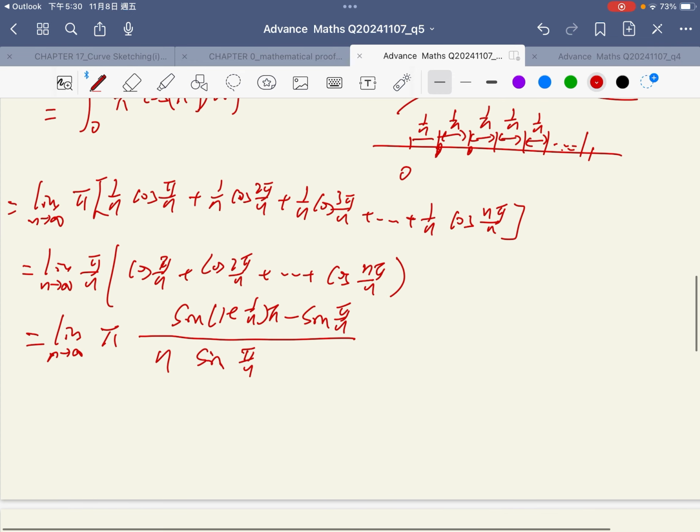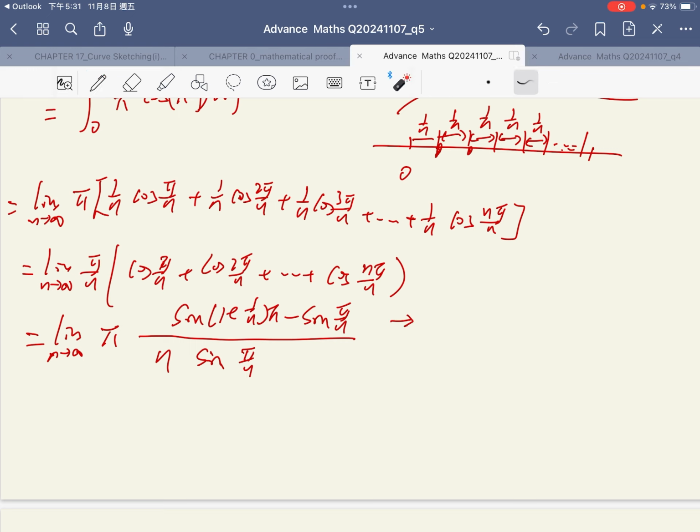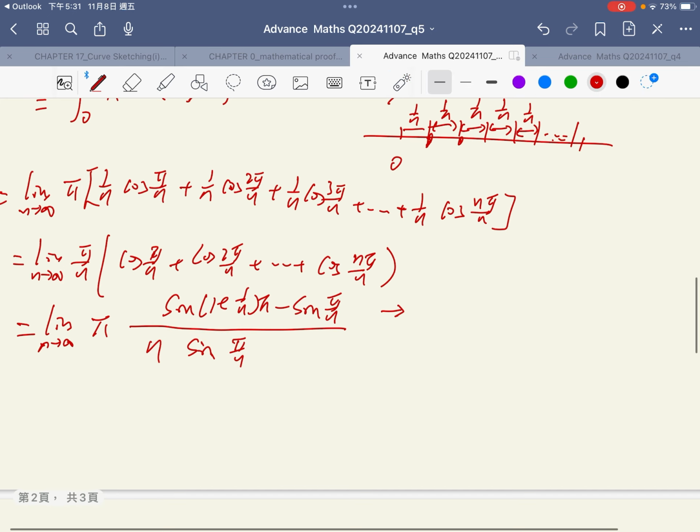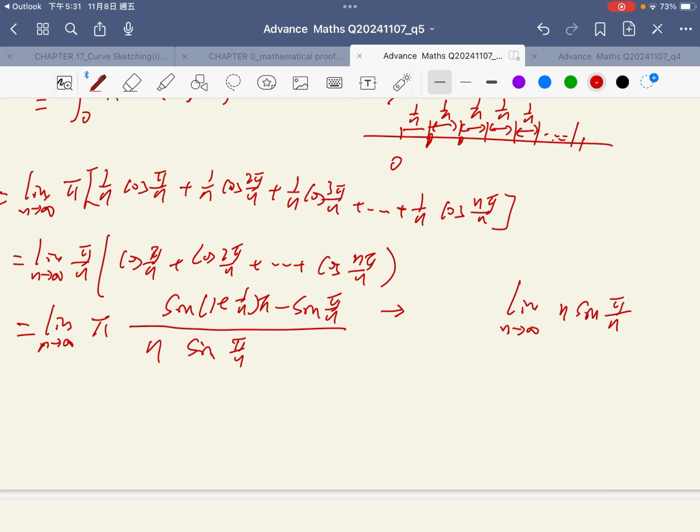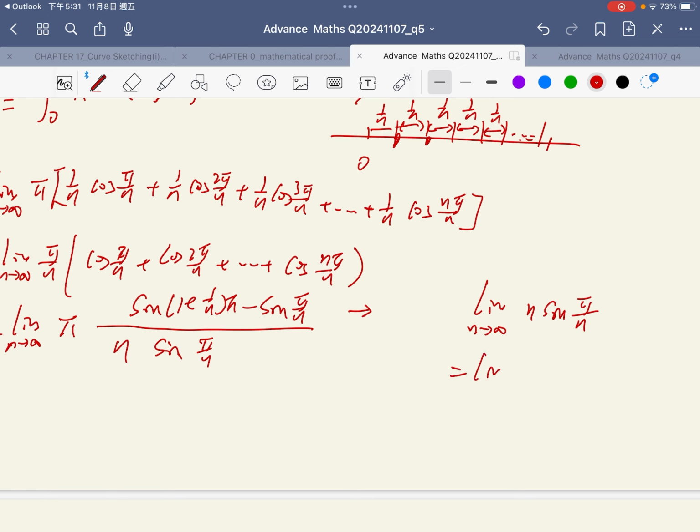We can observe that the numerator tends to 0. For the denominator, I only check the denominator: the limit as n tends to infinity of n times sine pi over n.